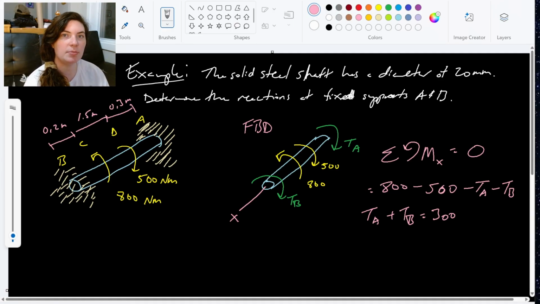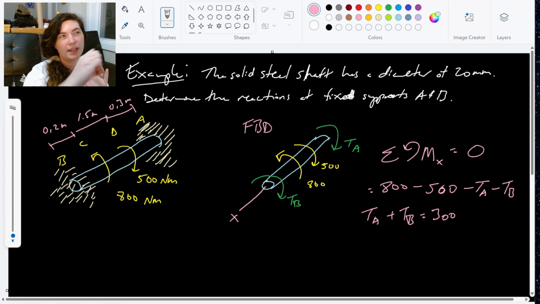And then our next step is our compatibility. So our compatibility is just: what is the actual angle of twist that is going on in this problem? How are things actually moving? And we'll see that because we're stuck between two walls, it is physically impossible for this rod to rotate.